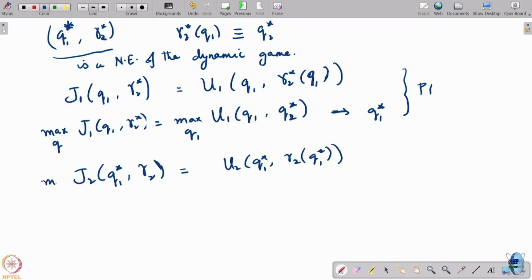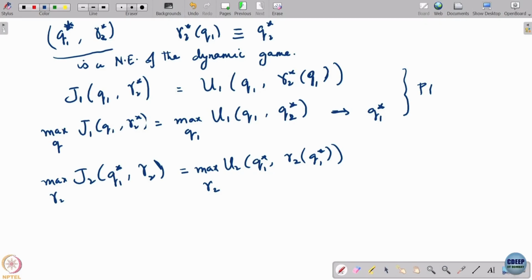And now you are maximizing this over all functions. Like we had in the earlier case, something similar is coming up here also. So, what is the optimal gamma 2 for player 2 to play?